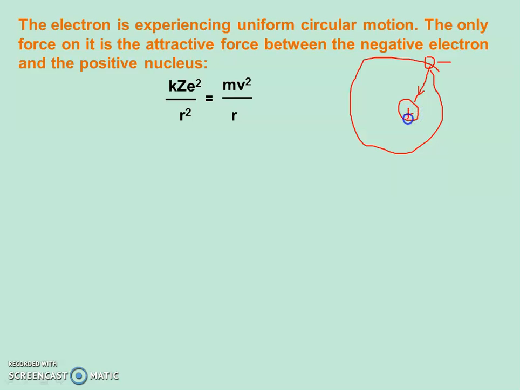It means the electrostatic attraction force between the electron and nucleus of the hydrogen atom provides the centripetal force to the electron, and it will revolve around the nucleus. So the force is K Q1 Q2 by r square. Q1 is Ze and Q2 is e. So K Ze square by r square is equal to the centripetal force mv square by r. We can get mv square is equal to K Ze square by r from this equation. This is equation number 2.